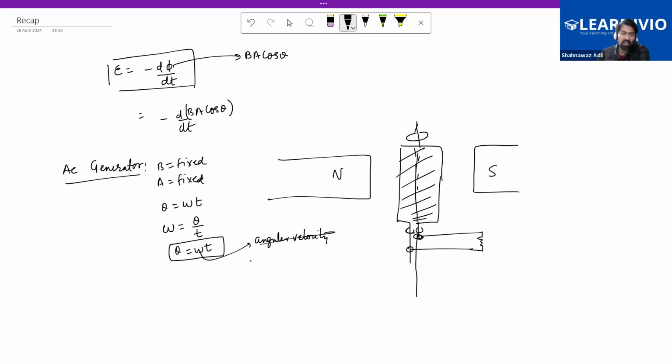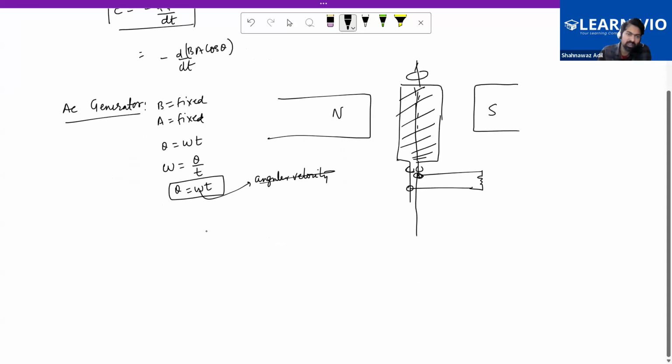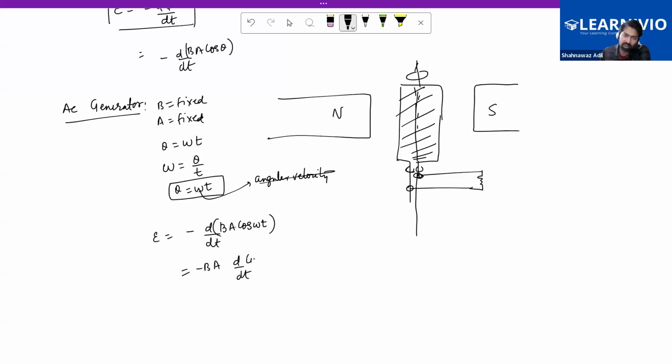Now we know that we can write EMF as minus d by dt of BA cos omega t. In place of theta, we put omega t. B is constant, so we can take B and A outside, minus d by dt of cos omega t. So the differentiation of cos omega t would be minus sin omega t.